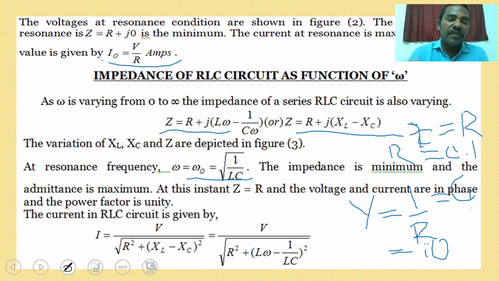Now for your RLC series circuit, the magnitude of current can be represented as I equal to V divided by root of R square plus (XL minus XC) whole square. That is V divided by root of R square plus (L omega minus 1 by omega C) whole square.